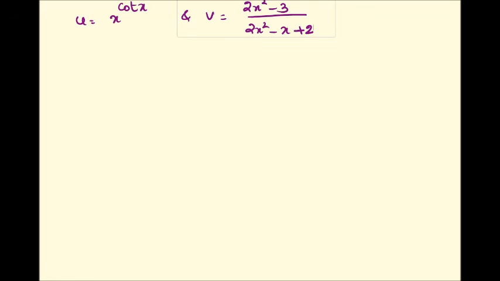Now first we will take u is equal to x to the power cot x. So we need to remove the power. So we take log on both sides. Taking log on both sides, log u is equal to log of x to the power cot x.